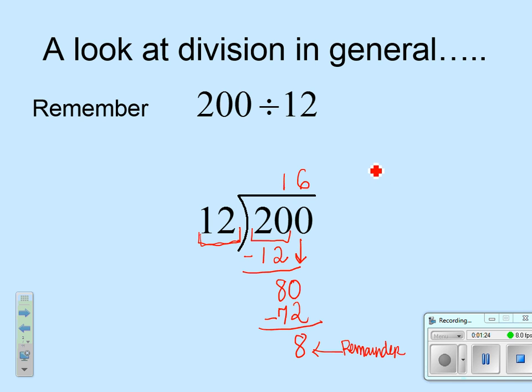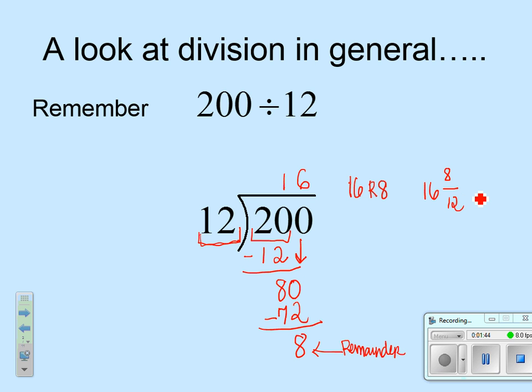Now sometimes when you first started the process, your teacher said we'll just write 16 R 8. Once you started learning what division really meant, you graduated to saying 16 and 8 over the 12 you divided by.